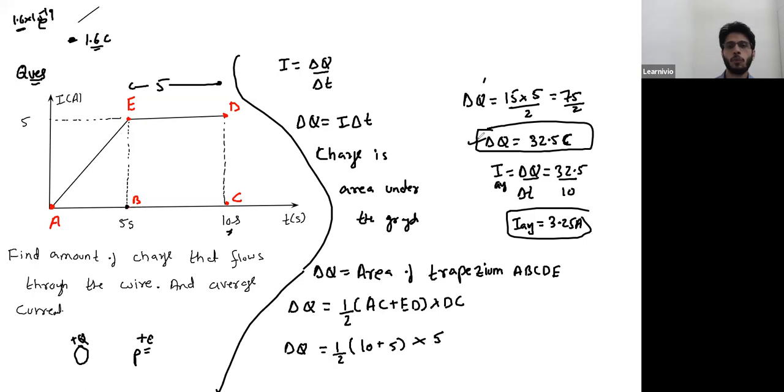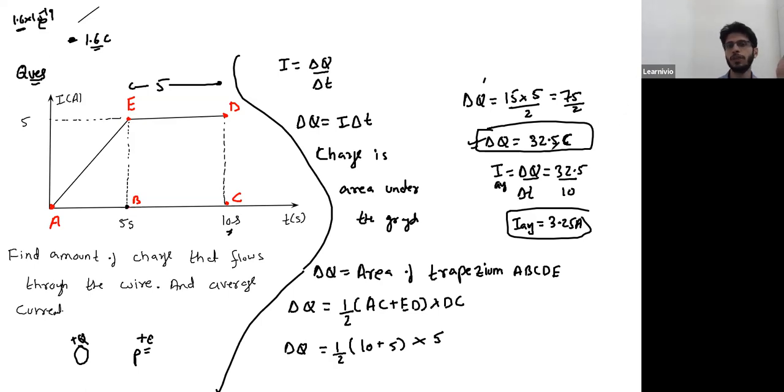But when we deal with macroscopic charge, a charge of 32.5 coulomb is a huge charge. At this level, we simply ignore quantization. Otherwise, in principle, you are correct that whatever charge you have should satisfy the quantization condition. Quantization condition says your charge should be an integral multiple of e.